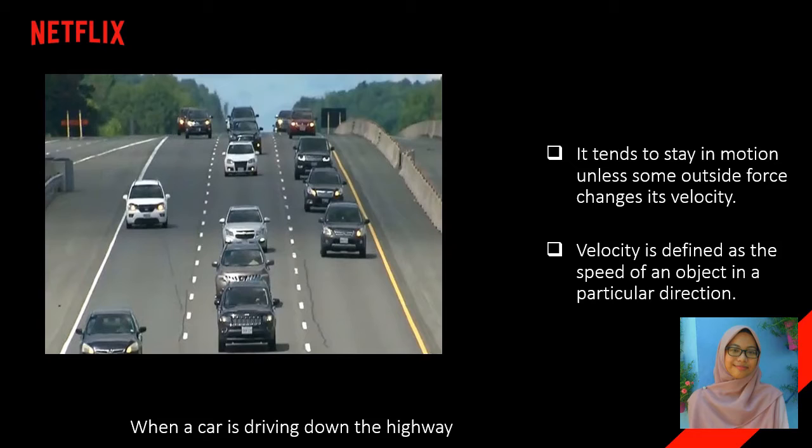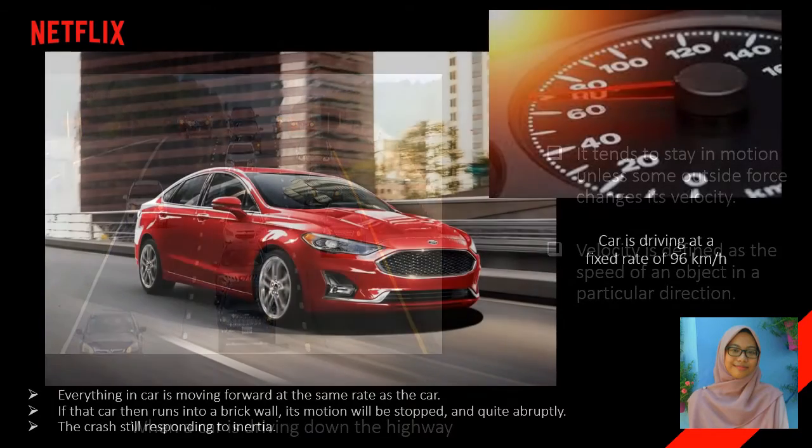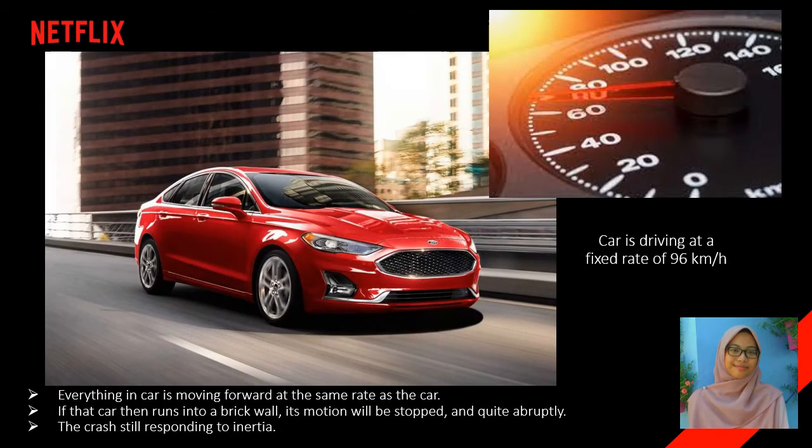Velocity may be defined as the speed of an item in a specific direction. We assume that the car is moving forward at a rate of 96 km per hour. Everything in the car, such as the driver, passengers, and objects in the seat or in the luggage, will move forward at the same rate as the car.